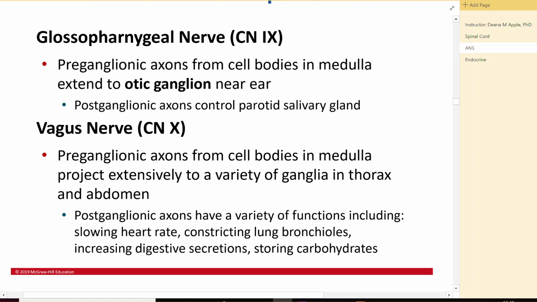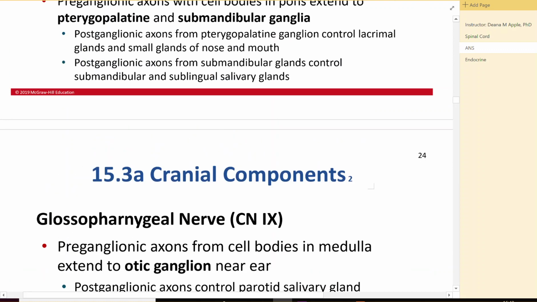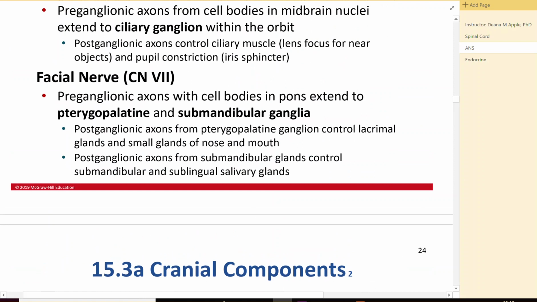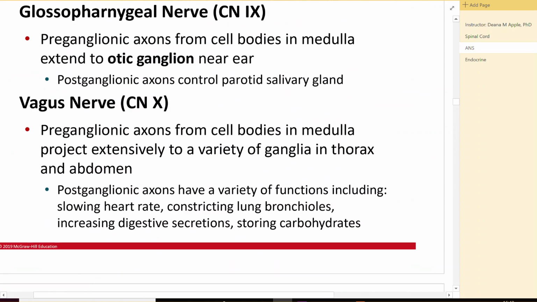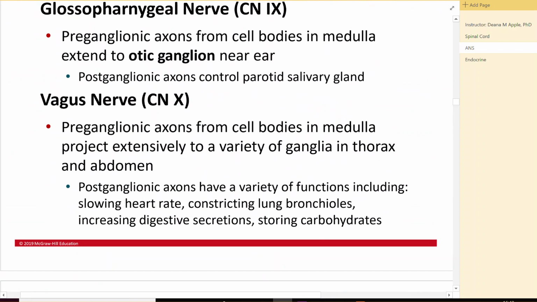When you're thinking about these things, the salivary gland is pretty obvious. The lacrimal gland is obvious. Constricting the pupil is obvious, but for things like the vagus nerve, where we're talking about slowing the heart rate and constricting the bronchioles, think about the context in which a body would do that. Think about the context in which you would want that to happen.